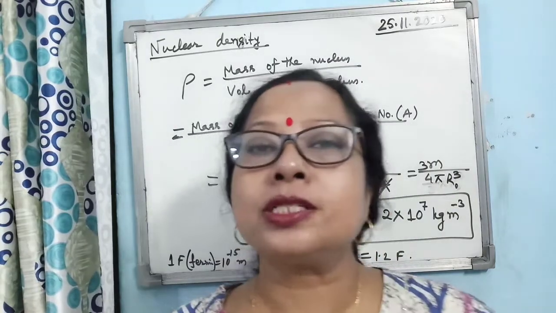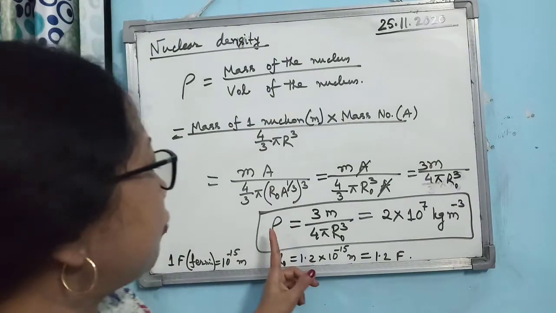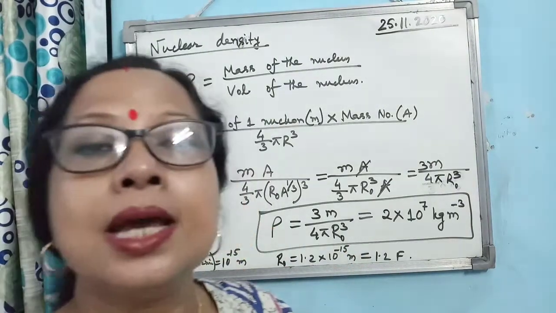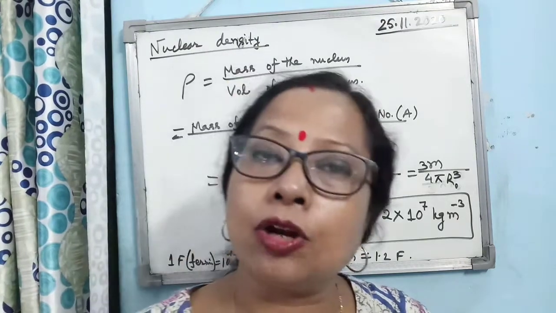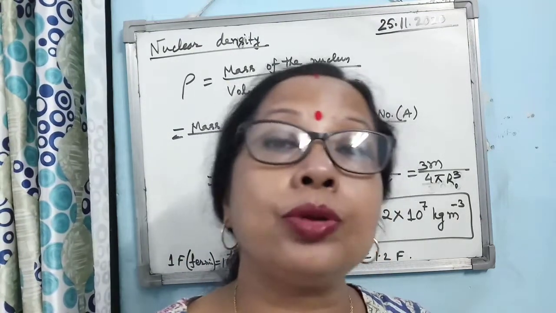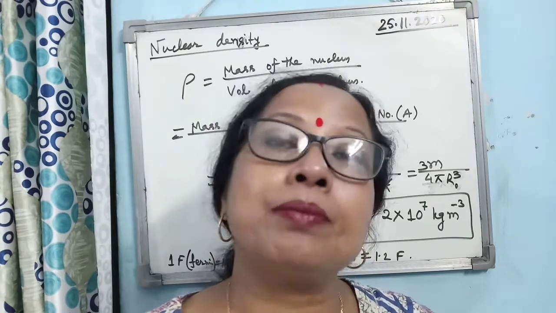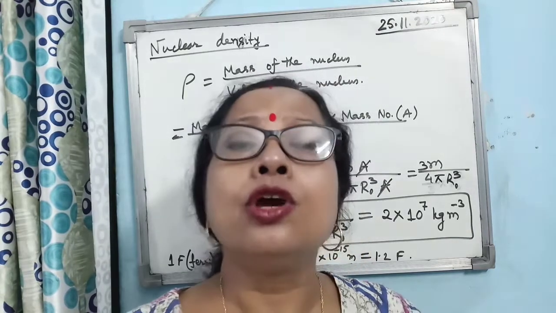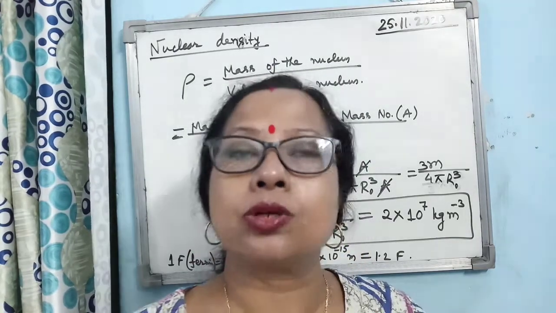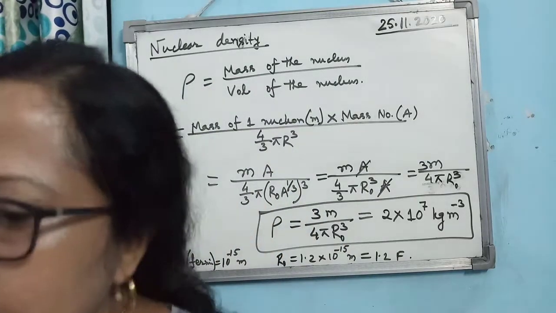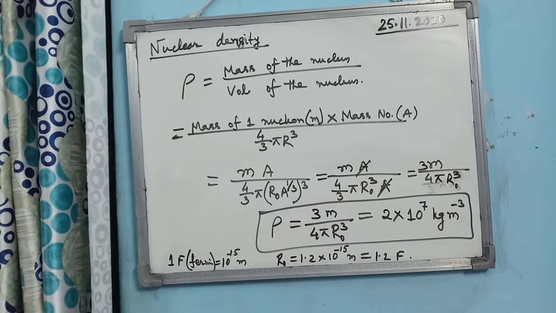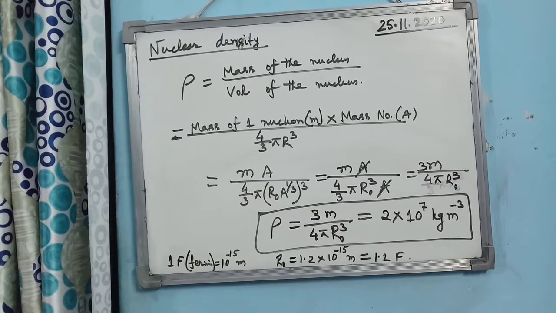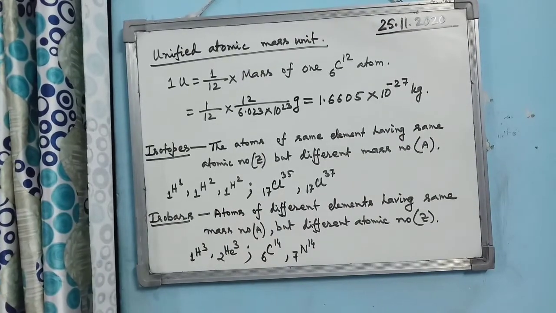But the most interesting and important part regarding the nuclear density is, nuclear density formula is 3m divided by 4 pi r naught cube, and the value is 2 into 10 to the power 7 kg per meter cube, which is constant for all the nucleus. Alright. So whatever the nuclear size, big or small, the density is constant, and not only that, the nucleus is highly dense.